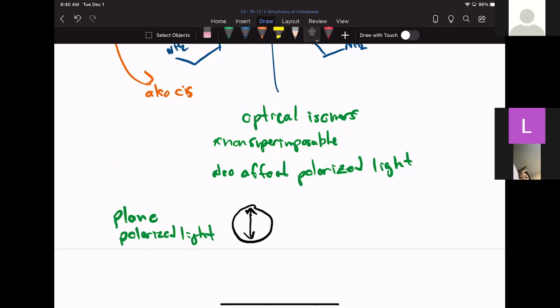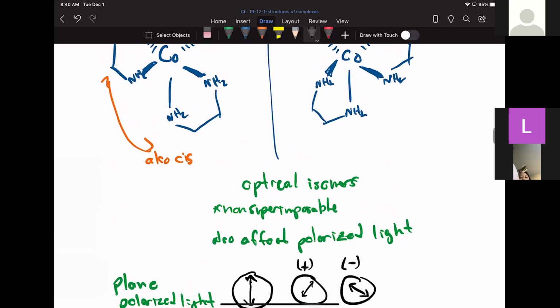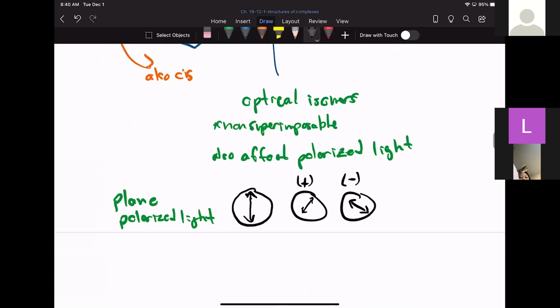And when we talk about optical isomers, they can turn it clockwise. We'd get what we call a positive rotation going this direction, but it can also go this counterclockwise direction, right? We would consider that negative, but this is the effect of isomers. When we have an even mixture, we call it racemic.